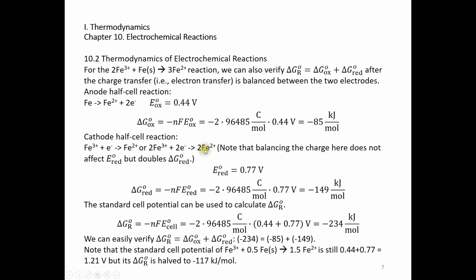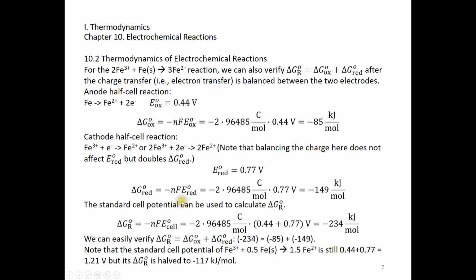And then if we look at this second reaction, the one with coefficients of 2, we plug in this 2 here, the number of transferred electrons, Faraday constant, reduction potential, we get negative 149. And finally we can compute the standard cell potential. We can compute the standard Gibbs energy of reaction given the standard cell potential.